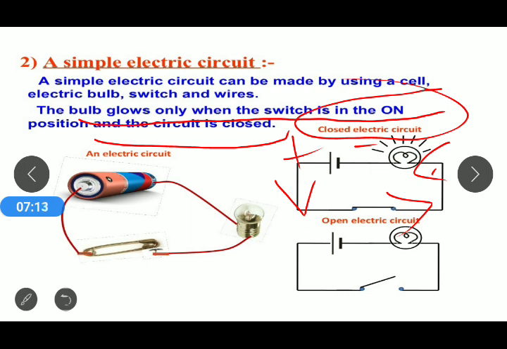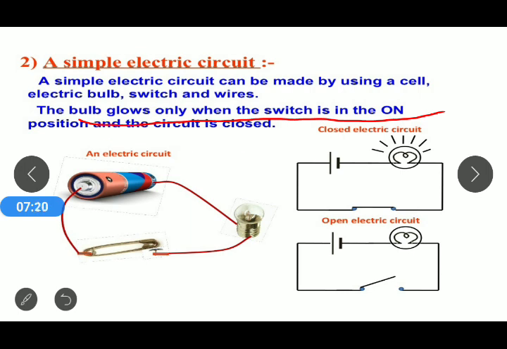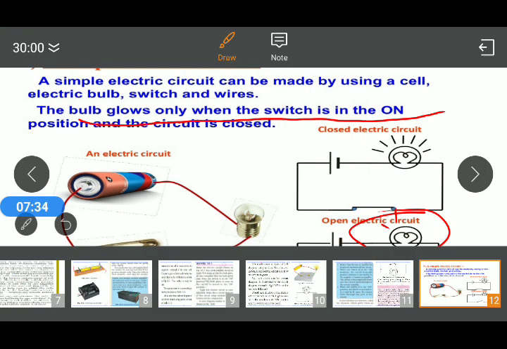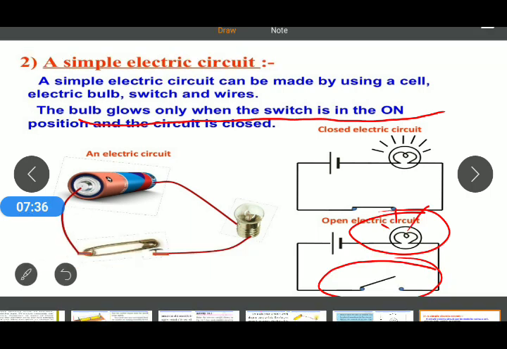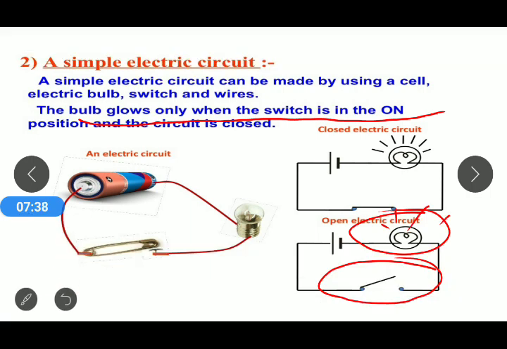When there is no electric current flowing, that means there is no presence of electrical current, then how are we able to represent that? We do not show any kind of flow of electrical current, and in that situation we show that the switch is in the off position. And in that case you can see that we are also not indicating, by the lines, that the bulb is glowing.